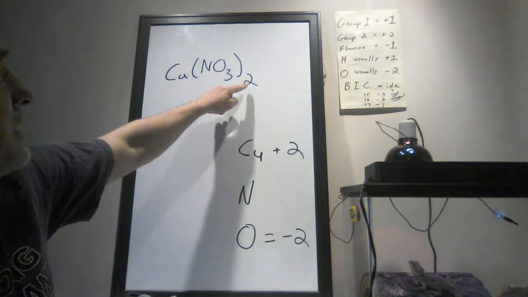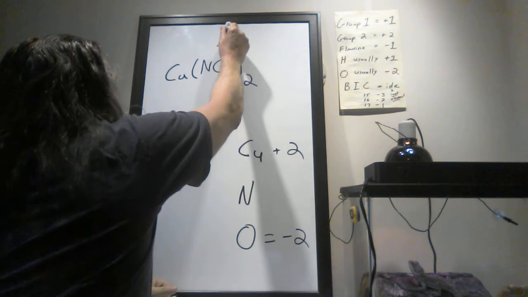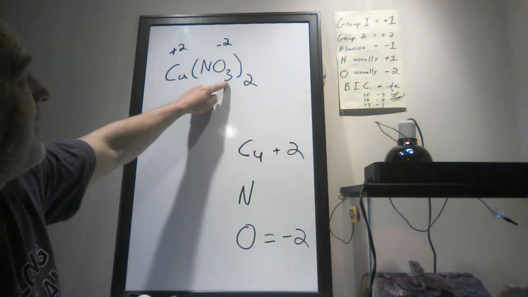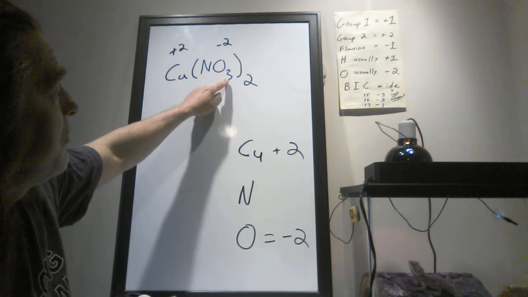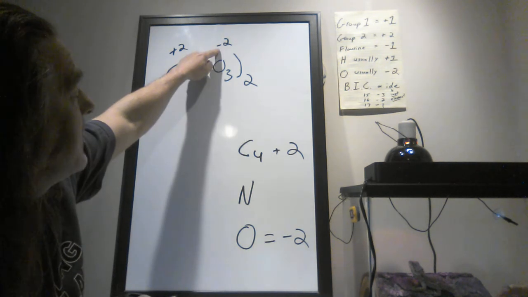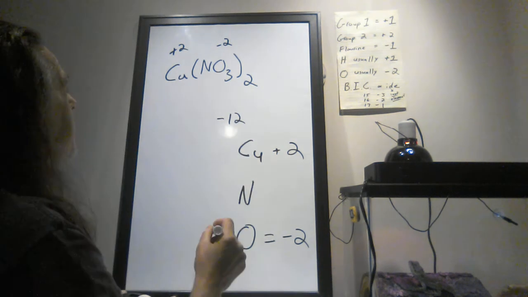We've got to realize that there are two N's. So O is -2. Copper is +2. Now we have 6 oxygens, right? 3 times 2 is 6 oxygens. Each oxygen is -2, so that's really -12 for all the oxygens.